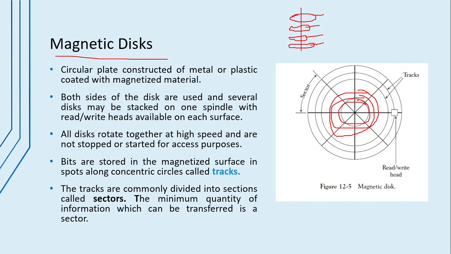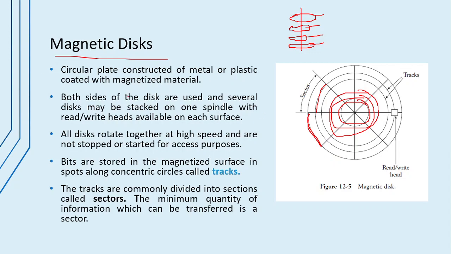The tracks are divided into different sectors, and this partition is known as a sector. The minimum quantity of information which can be transferred is a sector. Whenever you perform a read or write operation, it reads or writes data in sector form.